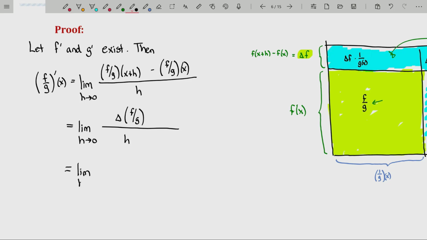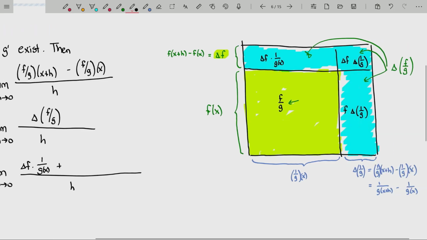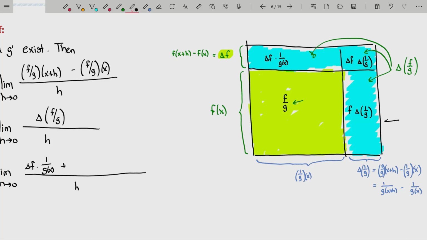That's the limit as h goes to 0 of a big old fraction over h. Let's see, we had a delta f times 1 over g of x, plus f times a change in 1 over g, which we wrote down below.